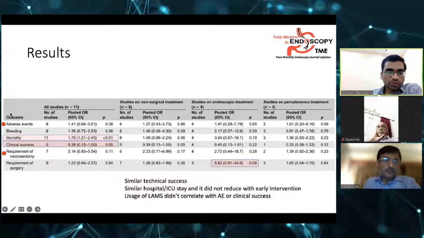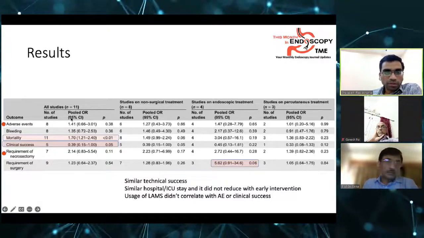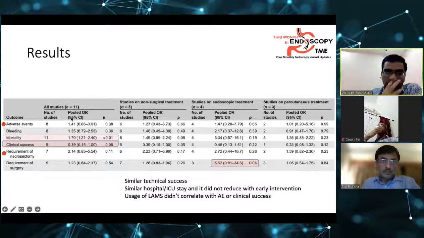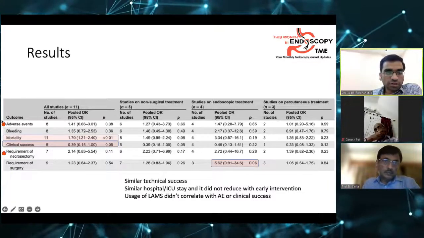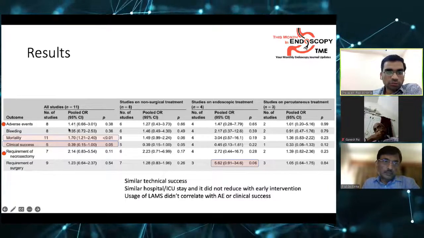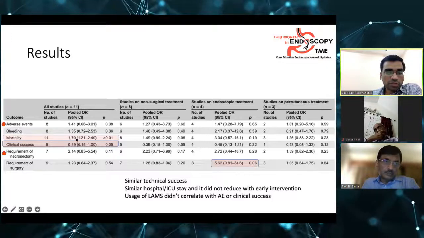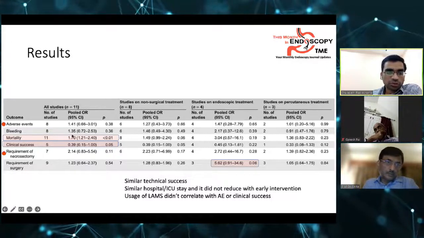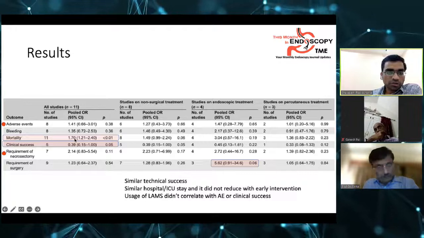If you come to the results section, comparing the early versus delayed intervention groups, the adverse events did not differ much, with an odds ratio of 1.41, but mortality was higher in the early intervention group with an odds ratio of 1.7.